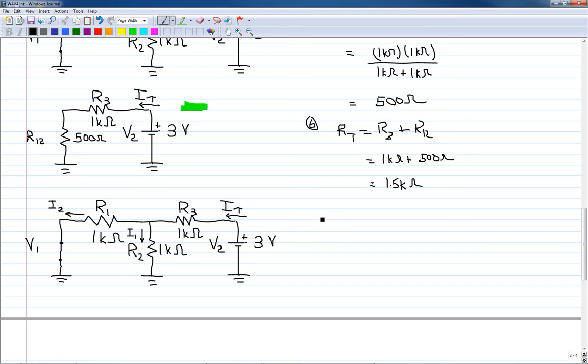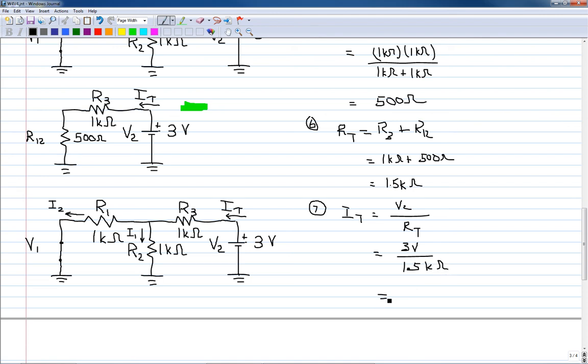Alright. Now that we know the total resistance, then we can find in our next step our total current generated by V2. So I total here is going to be equal to V2 divided by R total, which is equal to 3 volts divided by 1.5k ohms.